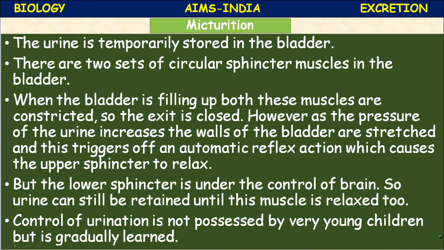At this time, the urge becomes painful and leads to voluntary micturition. The total amount of urine excreted per day is about 1.6 to 1.8 liters. Its quantity increases with large intake of fluids like water, fruit juices, and decreases with lesser intake of these fluids.